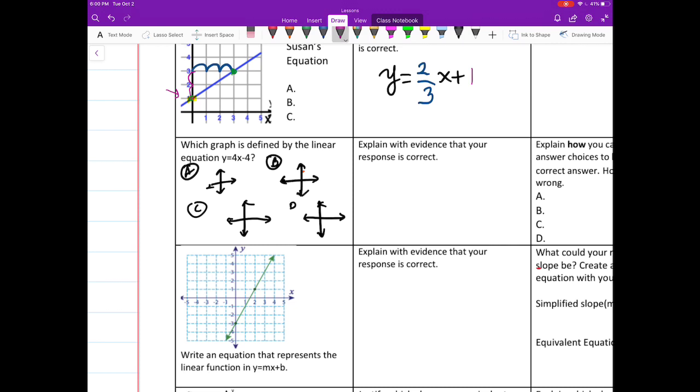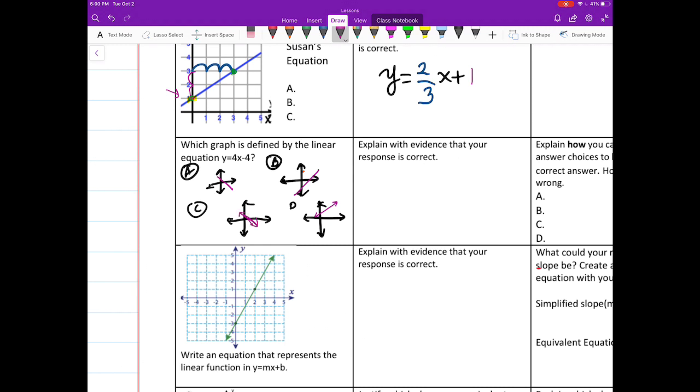So if I give you, you have to pick which line shows 4x minus 4. So if I have this one, if I have this one, and if I have this one, right?